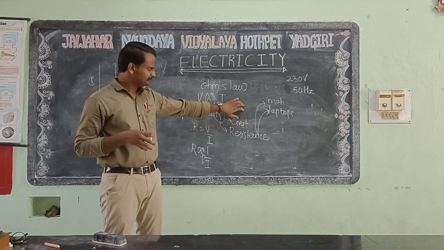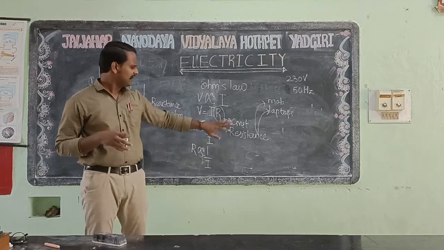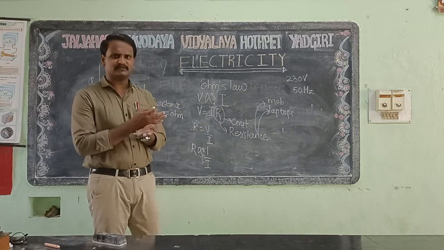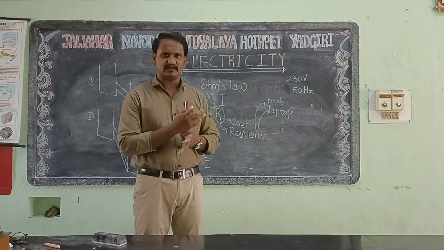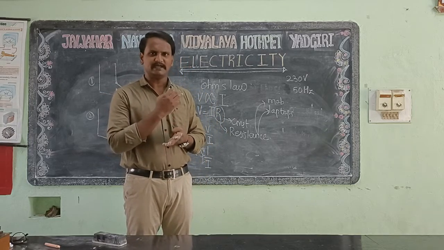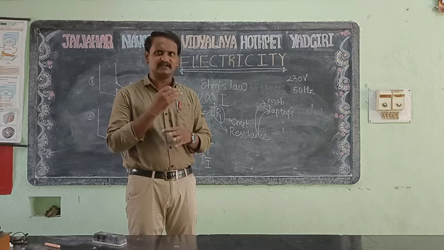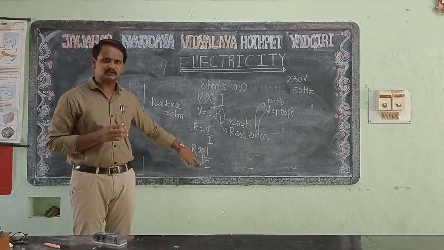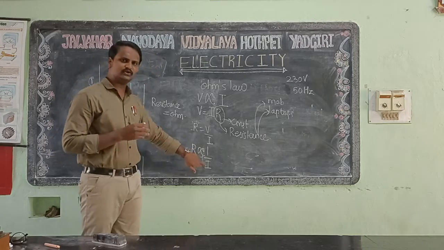Now this is Ohm's law and these are all its factors. The greater the voltage difference, the greater the current. The greater the resistance, the less the current. They are inversely proportional to each other.